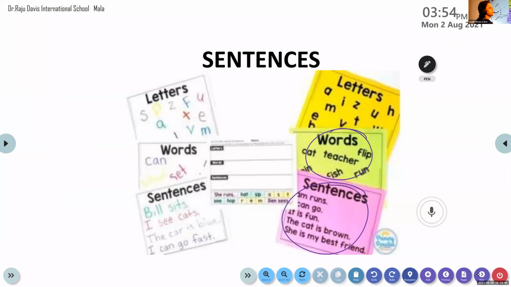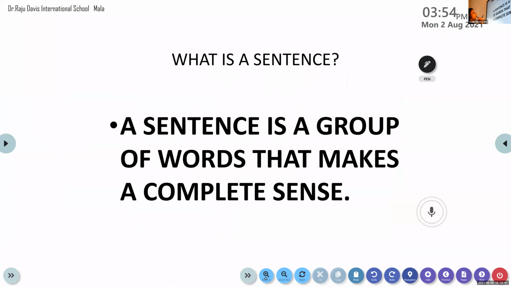So let's move on to sentences. A sentence is nothing but a group of words that makes complete sense. When you read a sentence, you should understand what is conveyed there. Does it make sense? Then we call it a sentence.